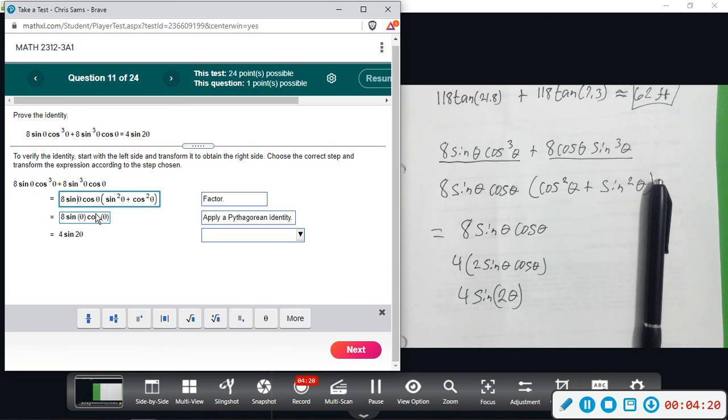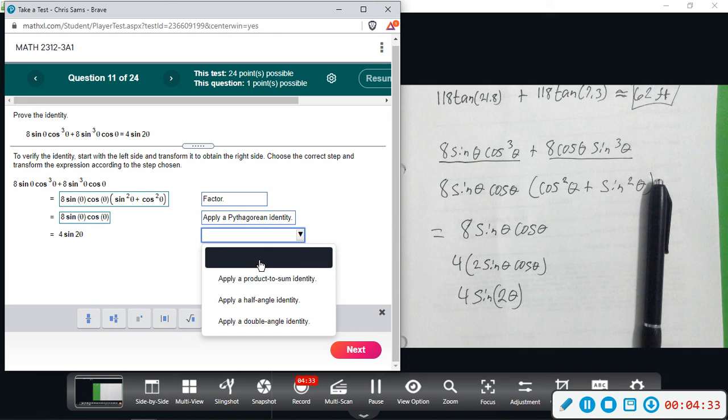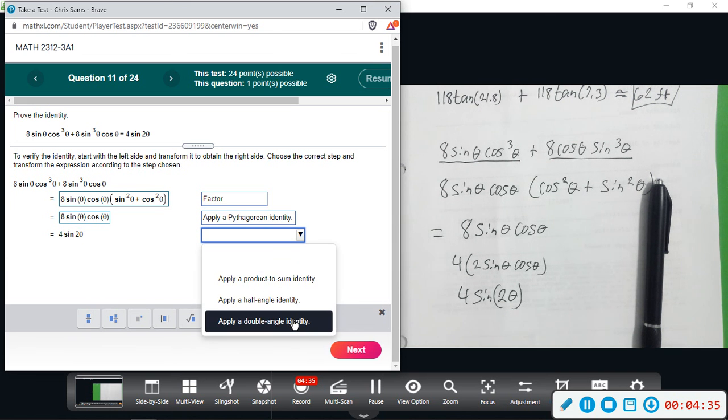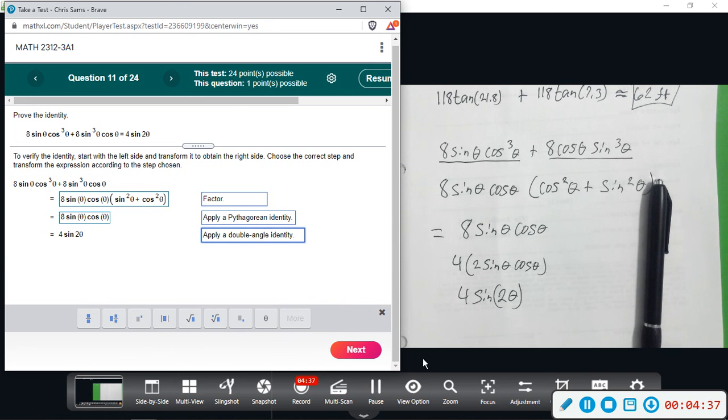I'm going to put all these in parentheses just to be careful, especially the ones that are outside. Okay, and then from there we apply the double angle identity to get to the final part.